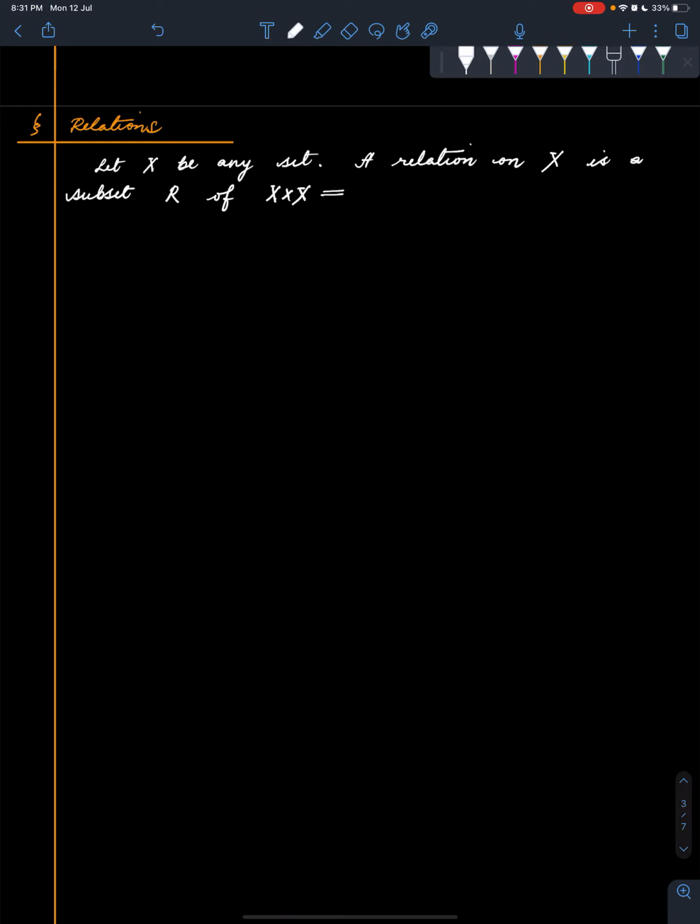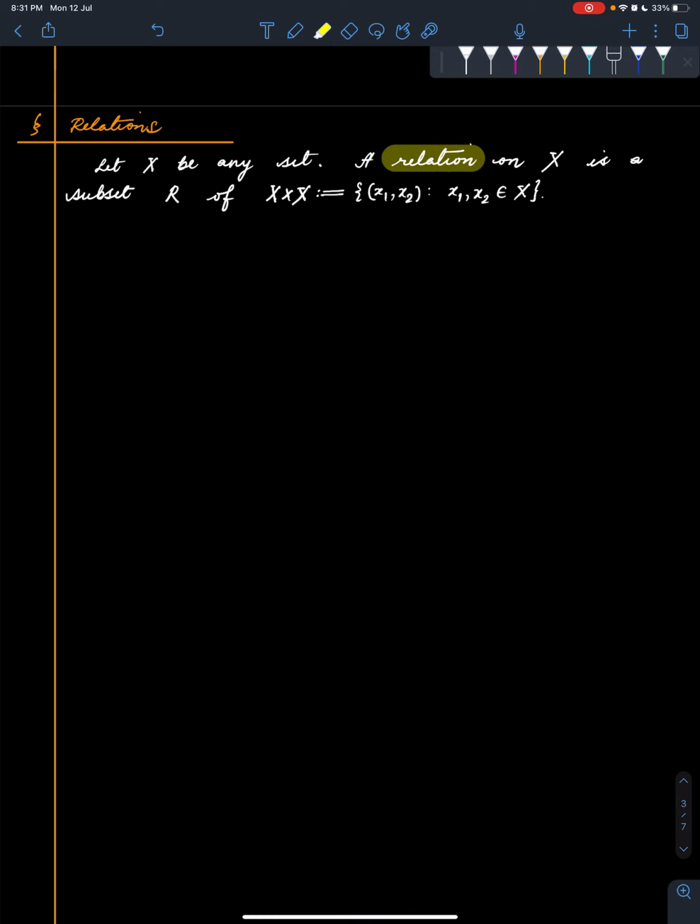X cross X is just the pairs of elements in X. Right, so any subset of this is called a relation on X.